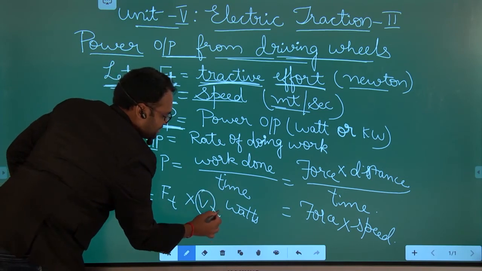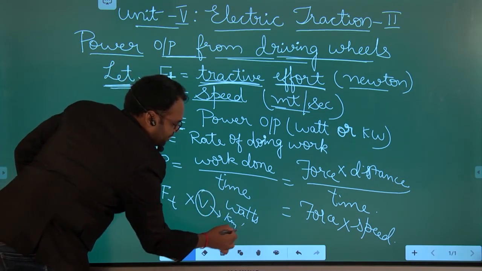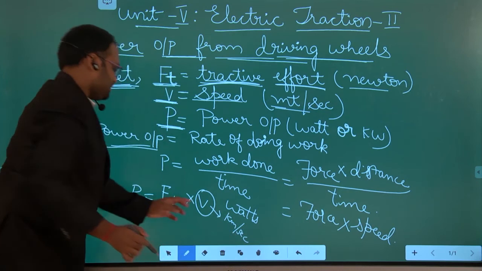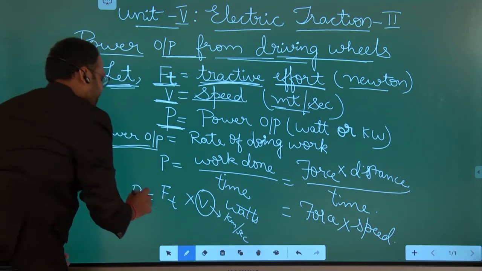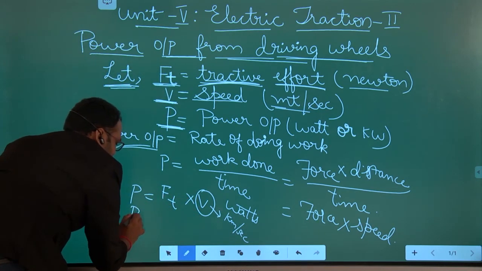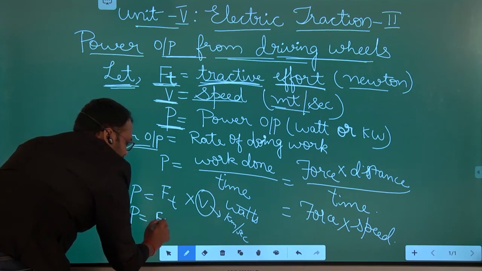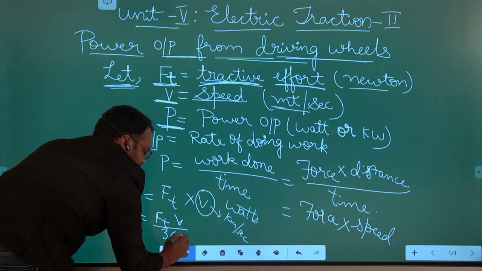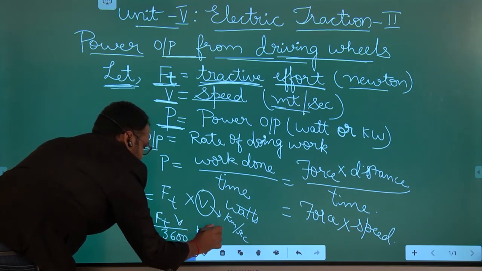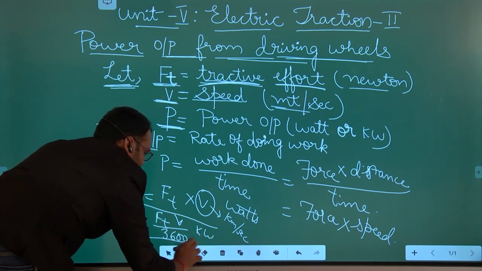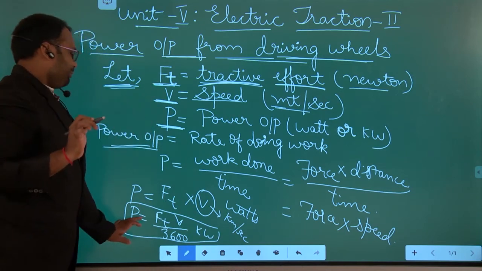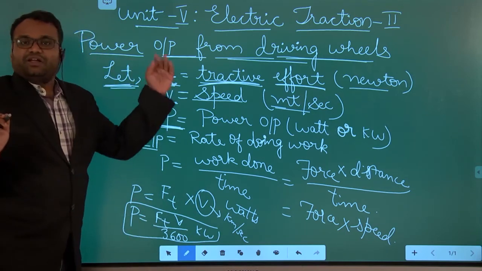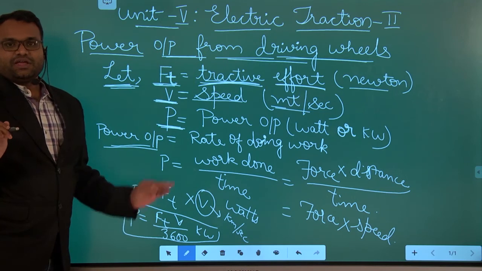If suppose it is in kilometer per hour, then the power output is P equal to Ft into V divided by 3600, in kilowatts. So this is the power output from the driving wheel.